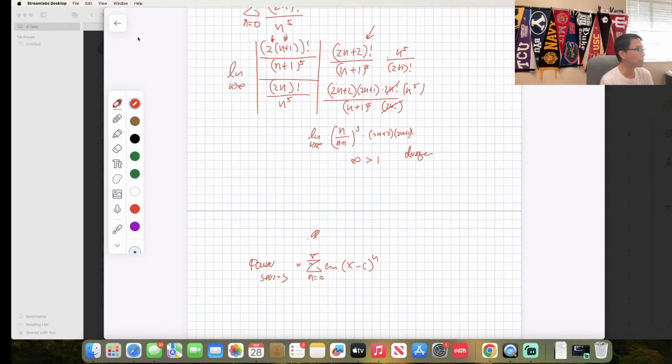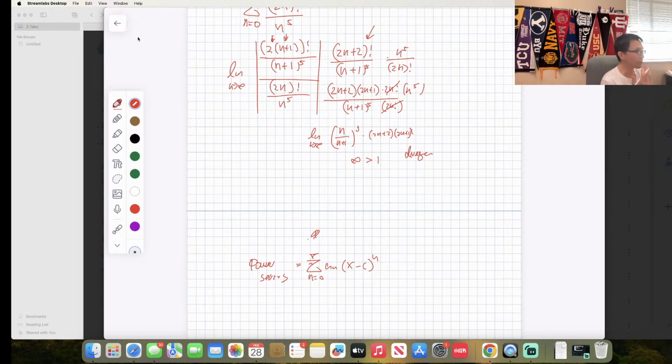The only difference between this and the series before is that there is not only a sub n, but there is also x at a certain center. It could be centered at 0, it could be centered at any other value, at 1, at 2. And if you have a center, usually based on that center, you have some type of radius of convergence.